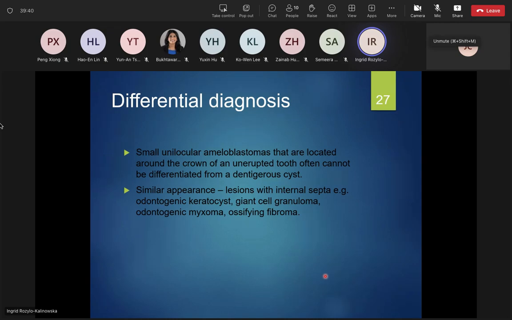Differential diagnosis includes not only odontogenic keratocyst, but also a dentigerous cyst, in other words, follicular cyst. It also includes lesions with internal septa, like giant cell granuloma, odontogenic myxoma, and also ossifying fibroma.